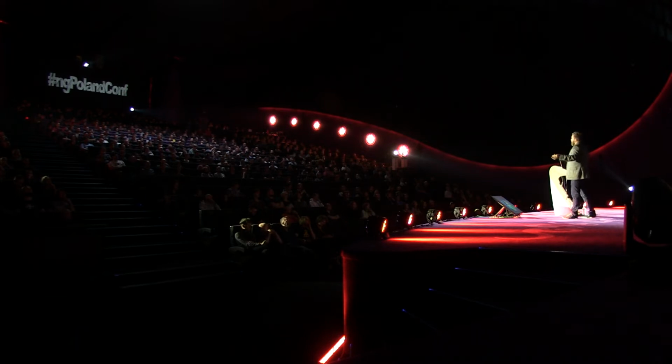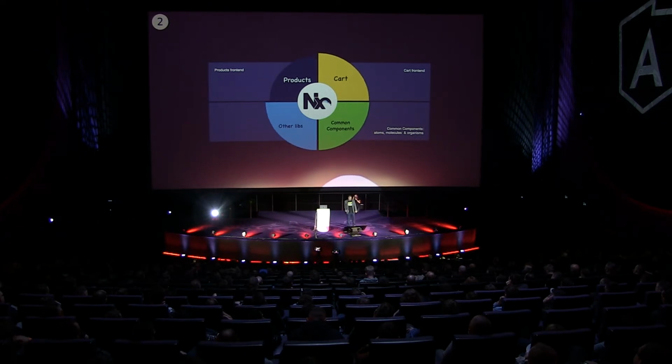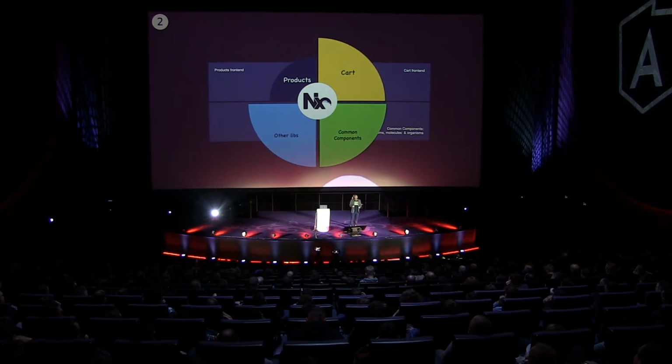For example, if I have a products front end that I want to release, it'll take the pieces that it needs, maybe some common components, some other libs that it needs, and build it and release it. When I need to release the other front end, for a cart, for example, it can still pull together what it needs and get it to production.